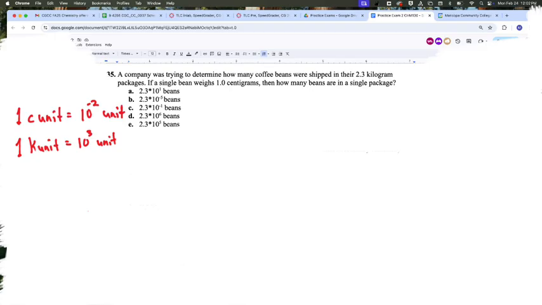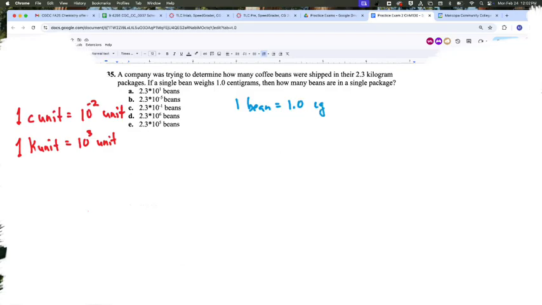So, reading the question, what do we see? We see 1 bean is equal to 1.0 centigrams. Cool.